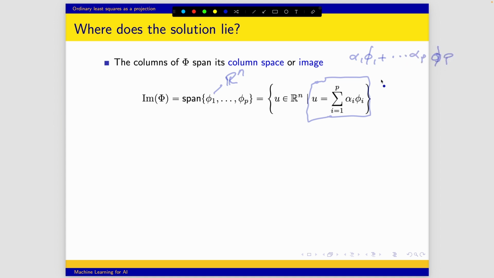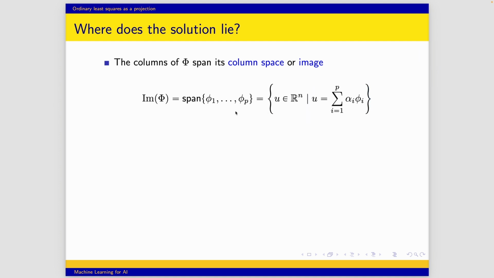That's a linear combination of these vectors phi 1 to phi p, where these alpha i are just some numbers, some coefficients, and they can take any value. To speak strictly, I should put here for any alpha i in R. So all vectors of this form for any numbers alpha i are precisely what we call the span of these vectors. It's the set of all linear combinations. And this is the image space of phi.